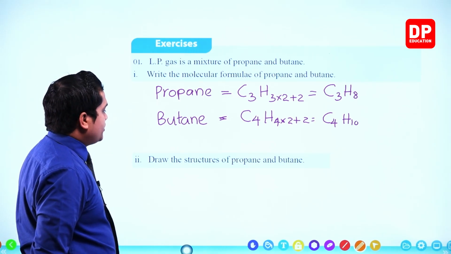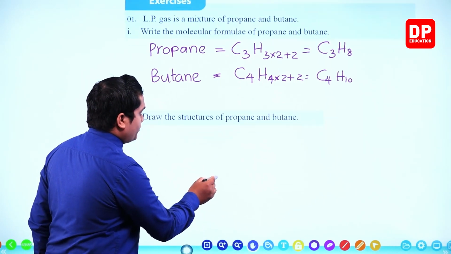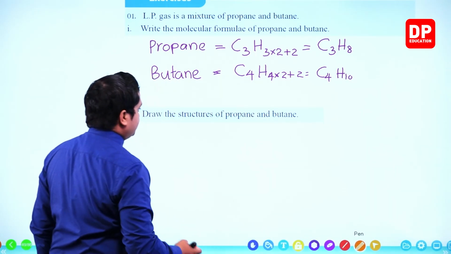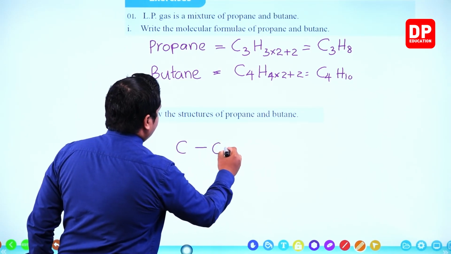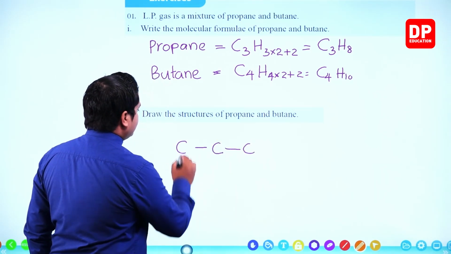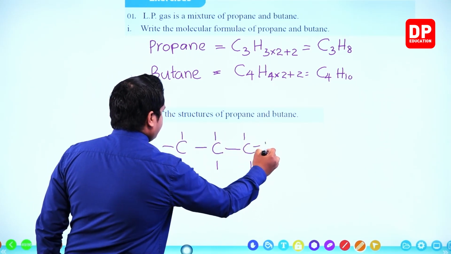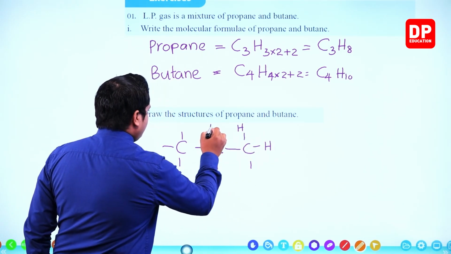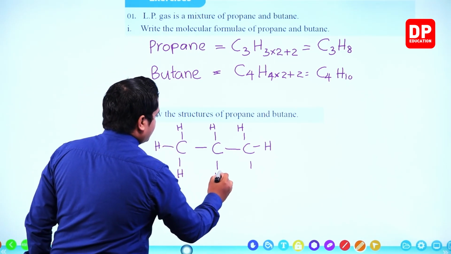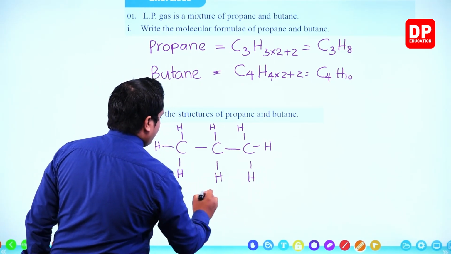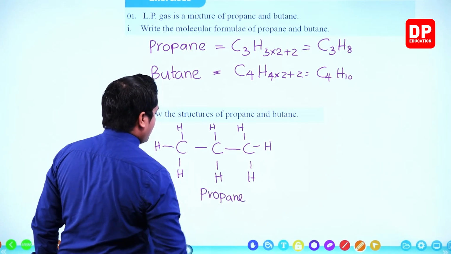Then the next one. Draw the structures of propane and butane, my dear children. Let's see. Propane: 1, 2, 3, then hydrogen. So, this is, my dear children, propane.